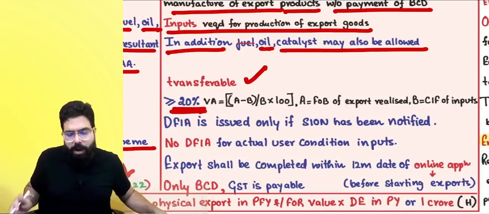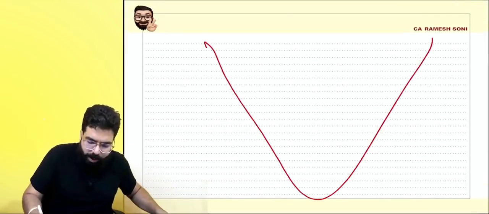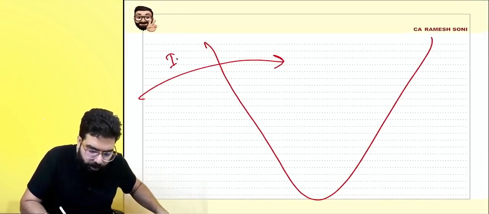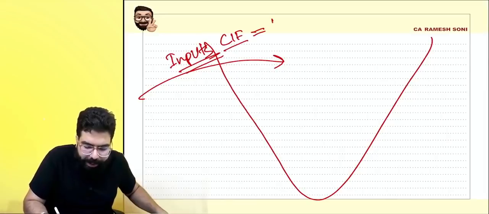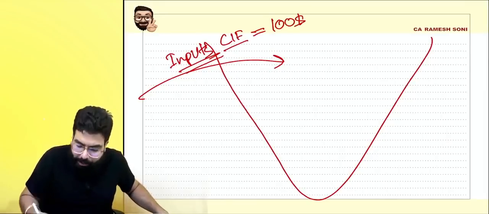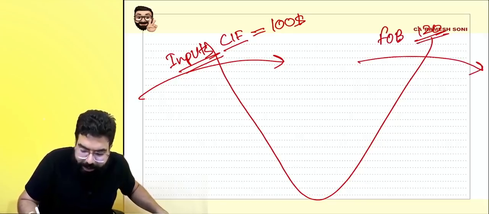Always remember everyone, CIF value of the inputs. Sir, I got the inputs, and for the inputs' CIF value, I have spent $100. They are telling export FOB should be at least 120.